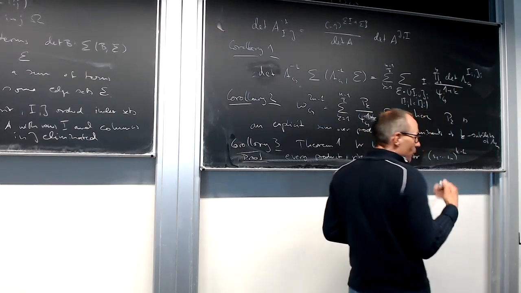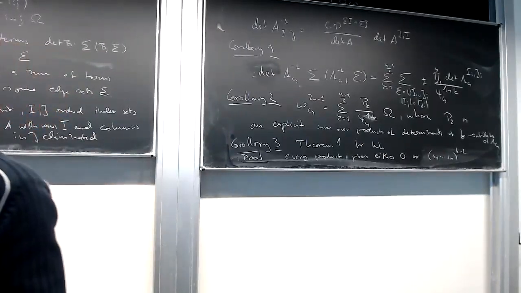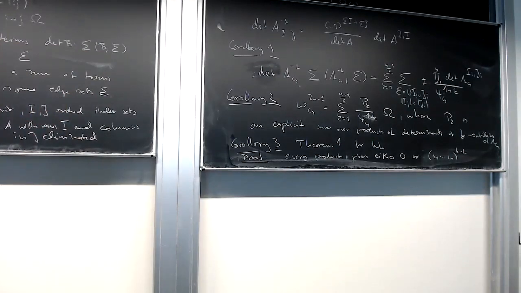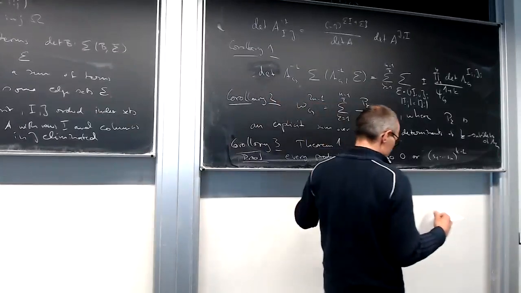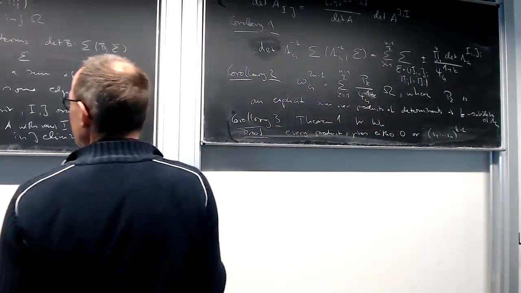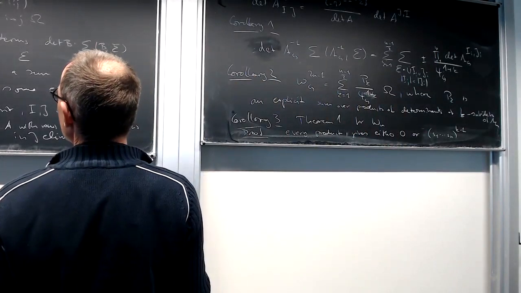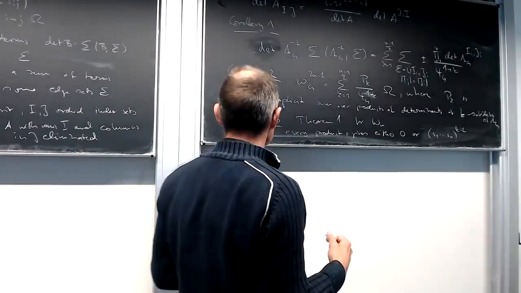So we only have combinatorial factors counting how many of these terms we have. There is no cancellation between these determinants anymore in any way. So it's purely combinatorial. So that's the last corollary that I have.